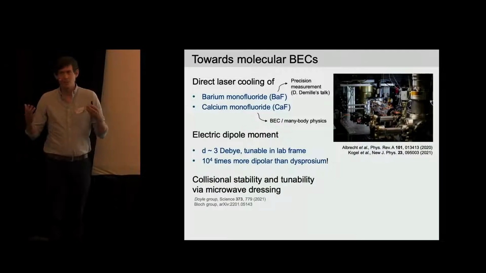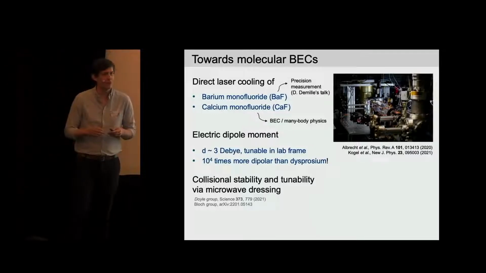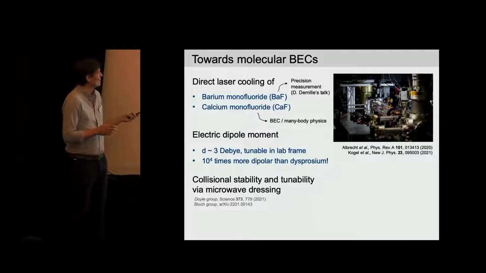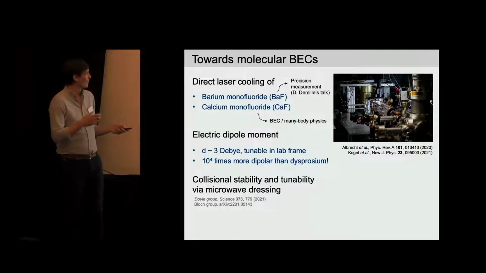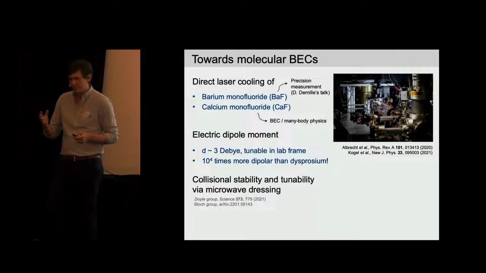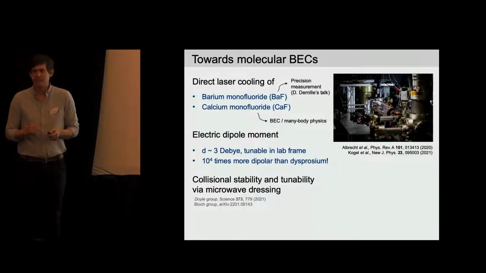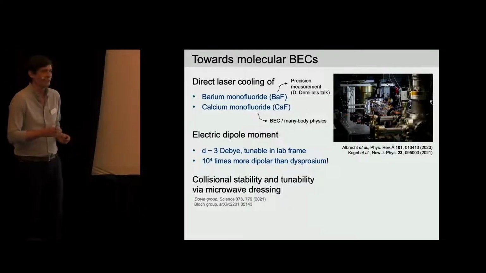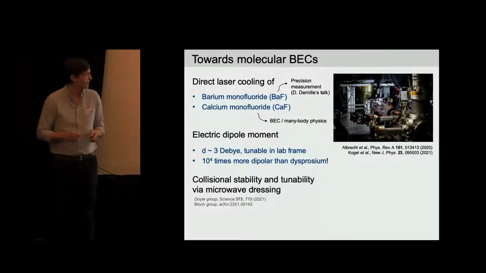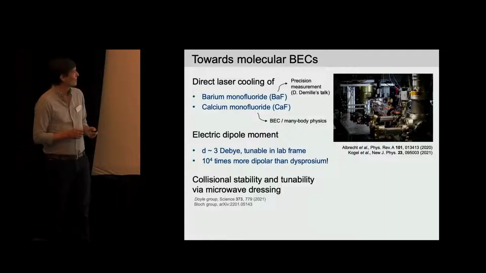So if cooling turns out to be feasible, there's of course another elephant in the room here, which is collisional stability, but it was recently shown by microwave dressing we can address this and make these molecular gases stable, with important contributions here also from MCQST in Emmanuel's group.